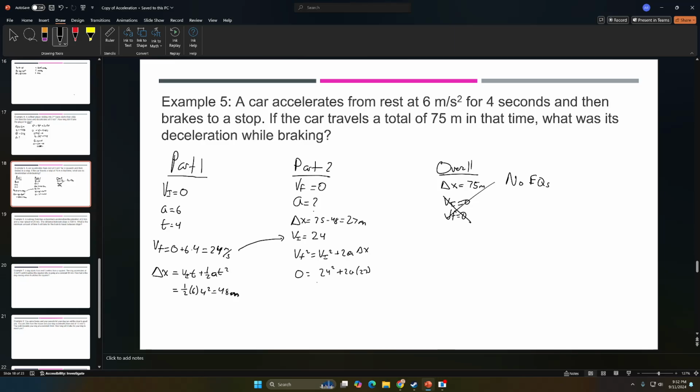That means that I get 24 squared equals negative 2 times 27 times a, and we do that, a ends up being negative 10.67.